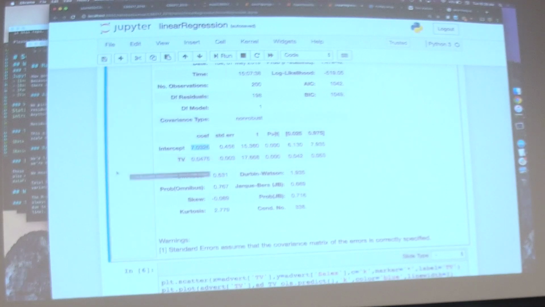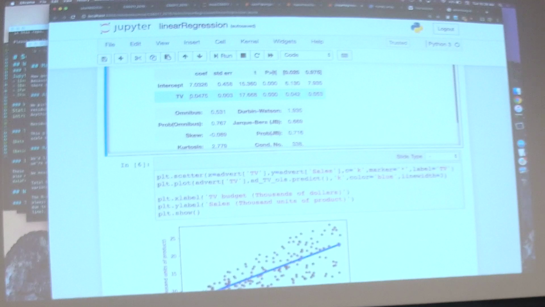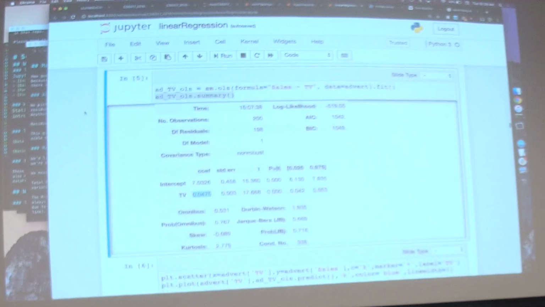Okay. And what does this coefficient tell me? Basically, for each $1,000 in TV advertising, how many thousand sales should I expect to get? It's a good thing that it's positive. If it were negative, it would tell me that if I spend more money on TV advertising, I decrease my sales.